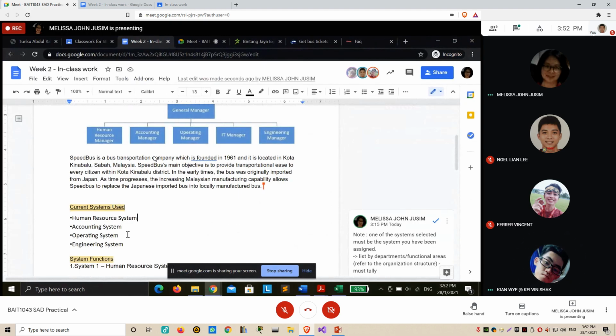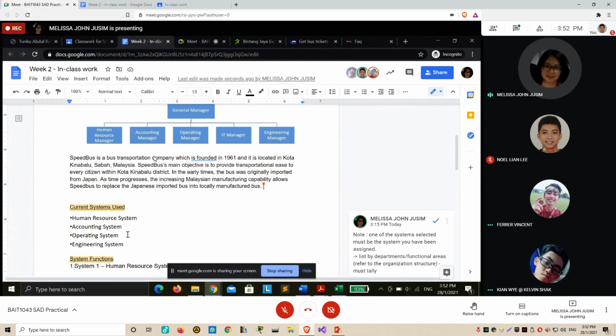Maintenance count. Maintenance. What kind of maintenance system is that? What would be their data entry and what kind of output do they get? Maybe just, wait, I'm confused.